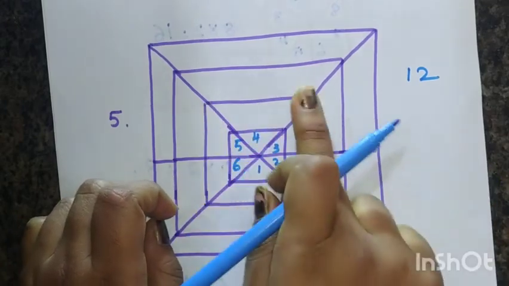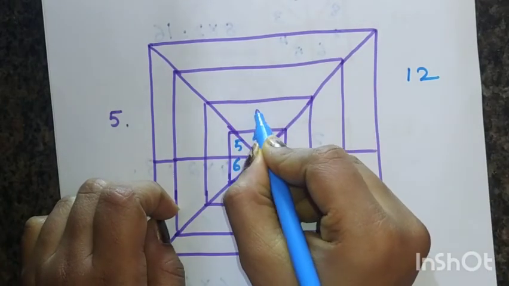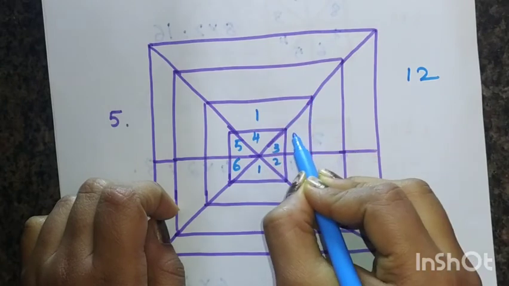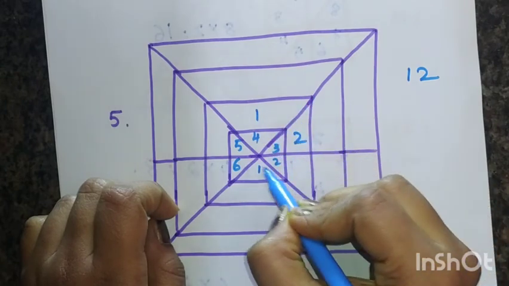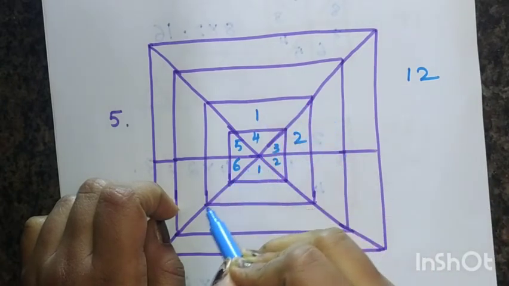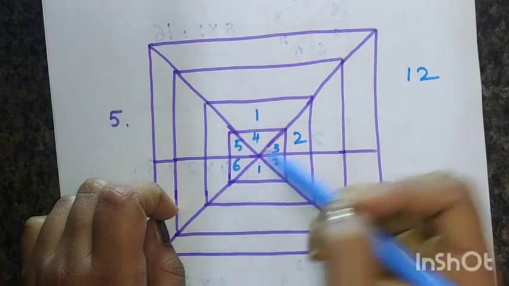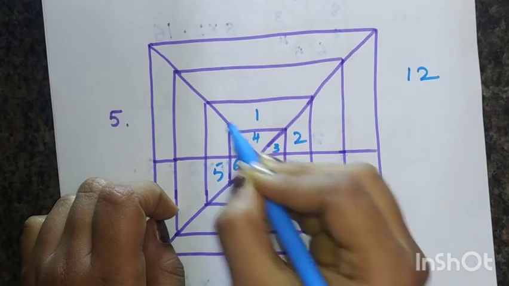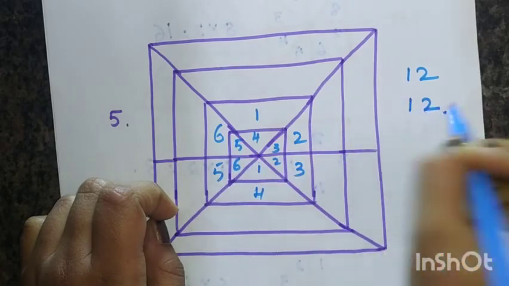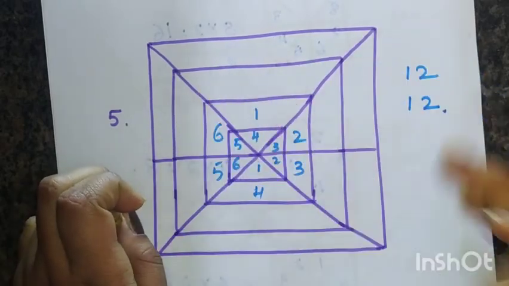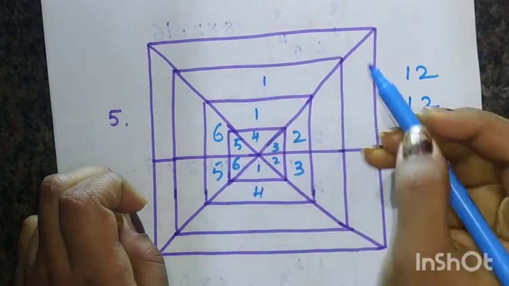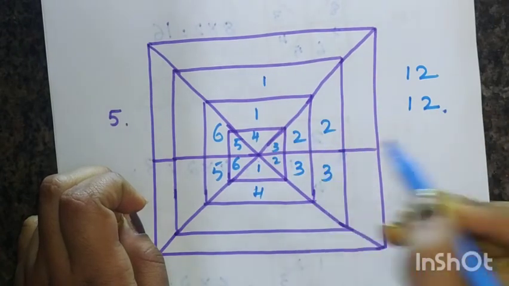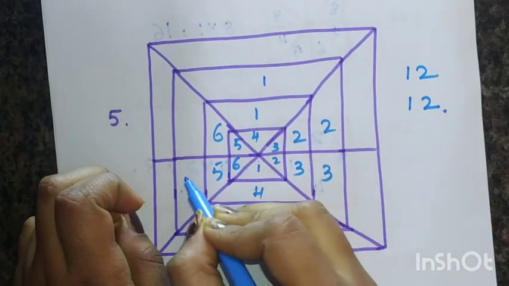Now this square. 1, 2, then comes 3 and then comes 4, 5 and 6. So hence again 12. Now the bigger square. 1, 2, 3, 4, 5 and 6.